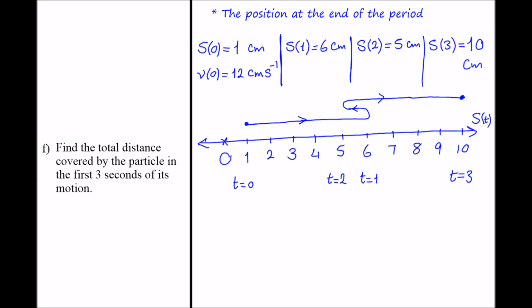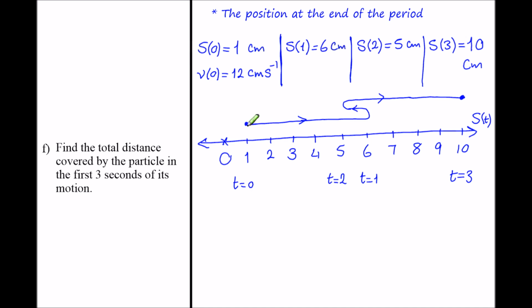The last part of this question is asking us to find the total distance covered by the particle in the first 3 seconds of motion. Because we've already drawn the motion diagram, finding the distance is going to be easy.